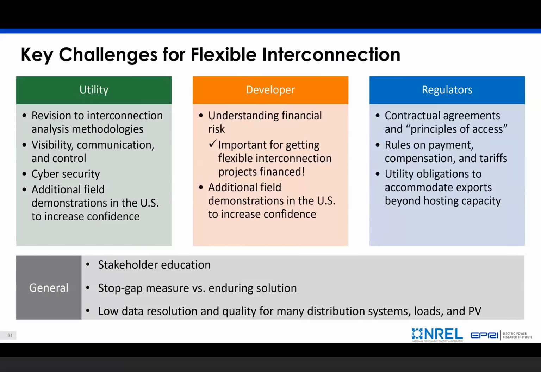Providing additional resources to increase visibility, communication, and control, which may not be available, can be an important success factor. And third, anytime you start controlling and communicating with distributed devices, cybersecurity is always a concern.